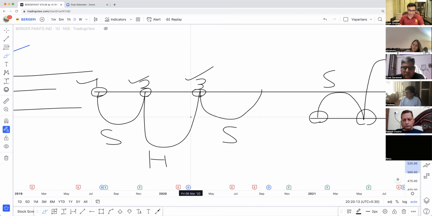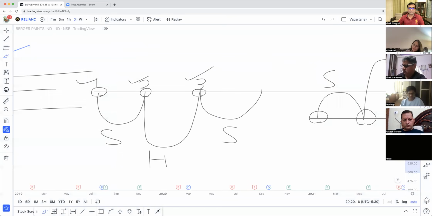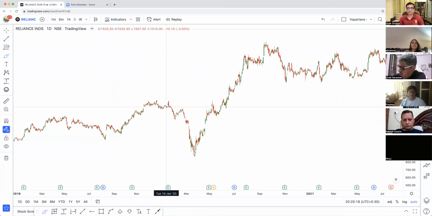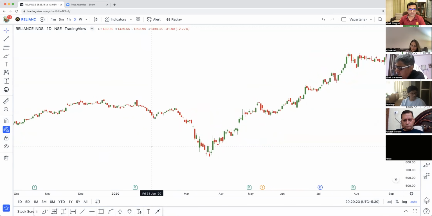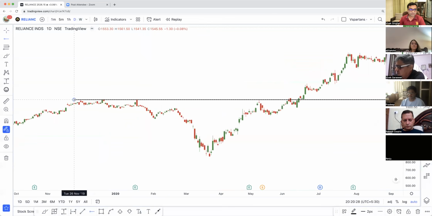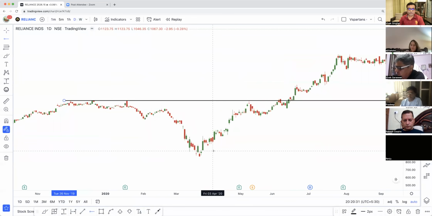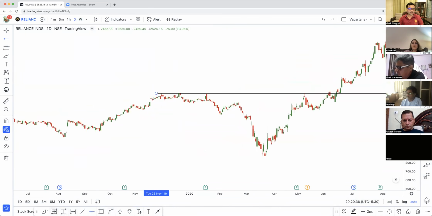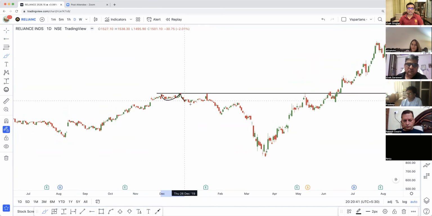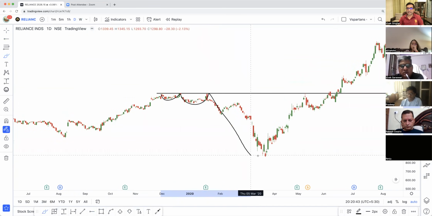I'm taking an example here, Reliance Industries. In Reliance Industries, there was a head and shoulder pattern here. There are a few things we need to note down. As I have made the pattern, this is a shoulder, this is one more shoulder, this is the head, this is the right shoulder, and this is one more small shoulder.